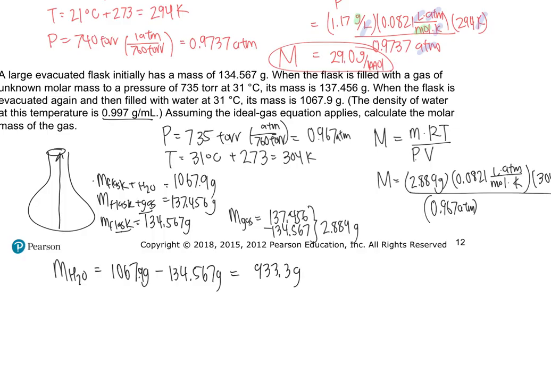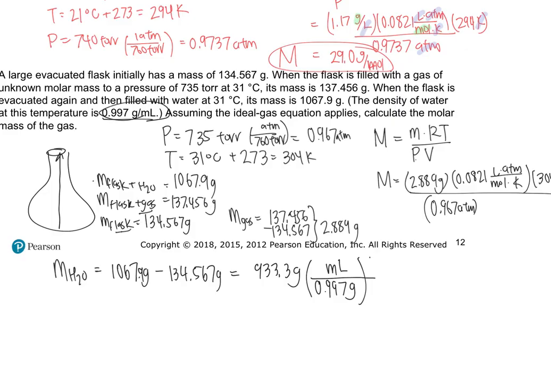And we need to find its volume from there. And they did give us the density of the water. Now you might have been confused and been like, okay, that's density, but notice that's the density of the water, not the density of the gas, so we can't use it in our other equation. But we can use it here and do some dimensional analysis. We can say that the density of the water is 0.997 grams per milliliter.